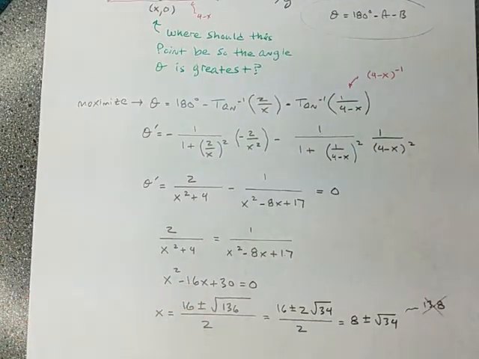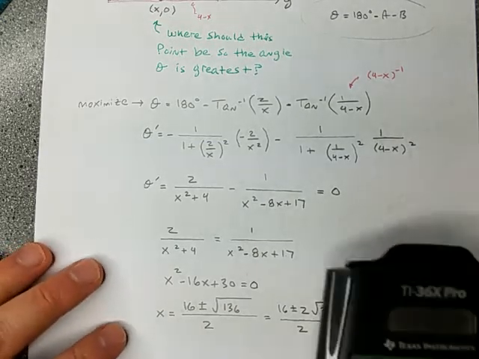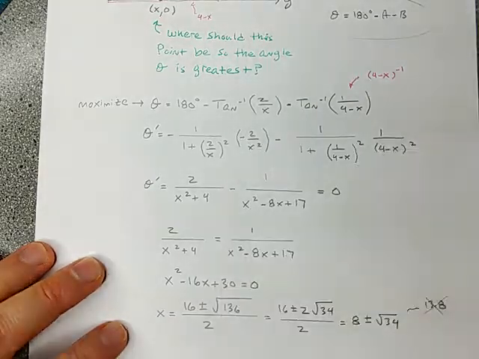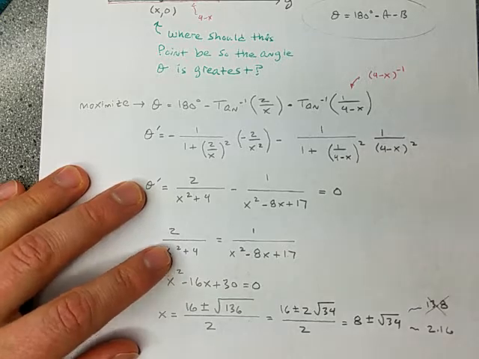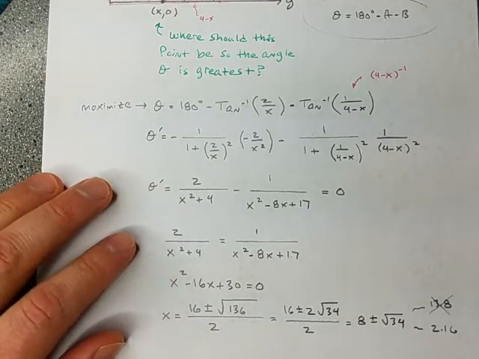And then 8 minus root 34. Let's see what that is. That number turns out to be about 2.16. Okay, that's more like it. So let's give our answer this way.